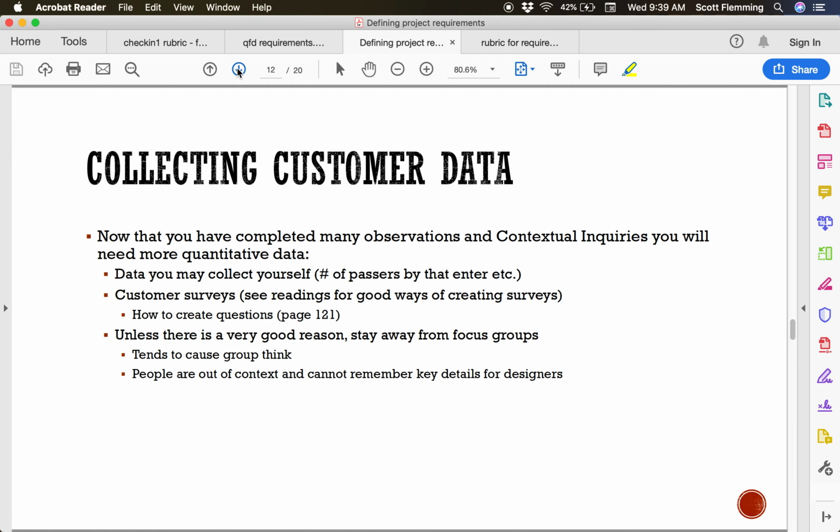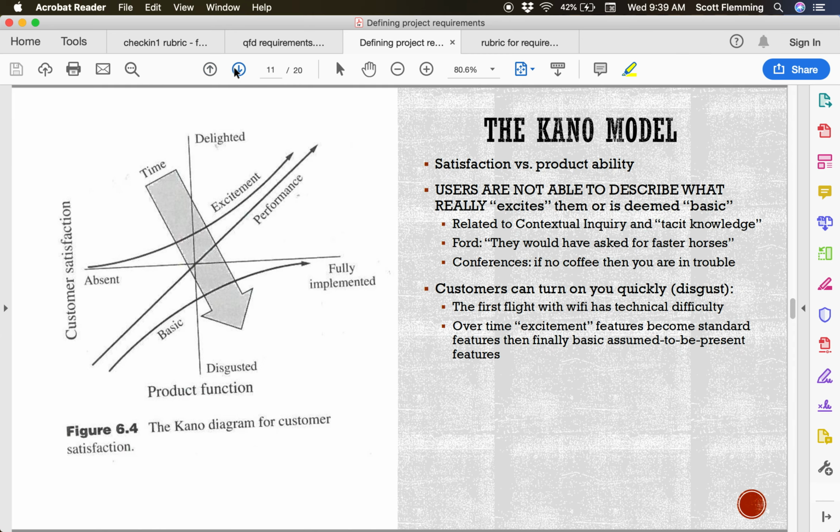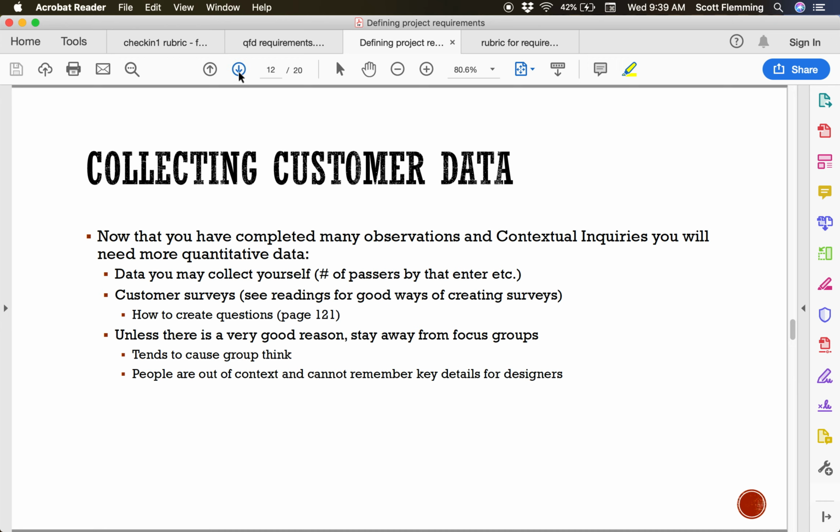The next page here was about collecting customer data. Now that you've done a lot of qualitative work with contextual inquiries, I was quite pleased that most of the groups had a good understanding from the first report of what's generally going on, where issues are showing up, what processes do not exist, or what default processes need to be tightened up.